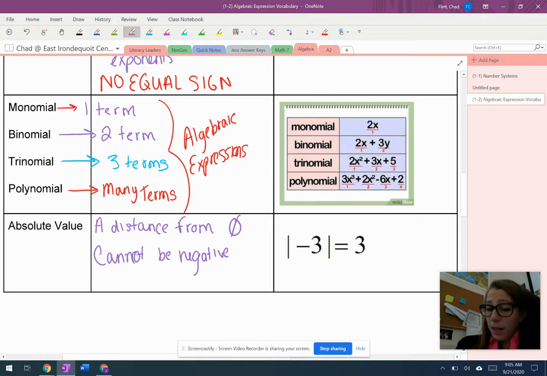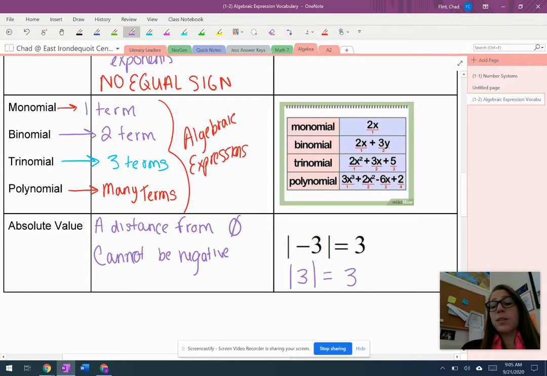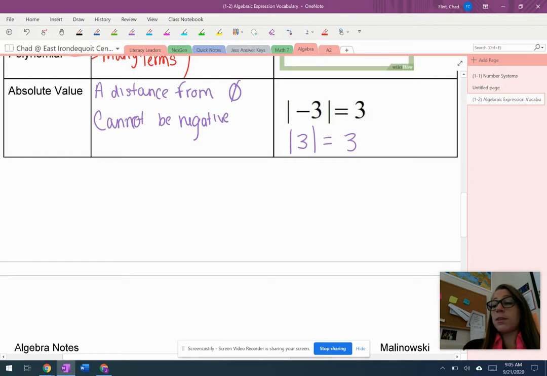So, for example, the absolute value of -3 is 3 because -3 is 3 spaces away from 0 on the number line. Similar to that, the absolute value of +3 is still +3 because 3 is also 3 spaces from 0 on the number line.